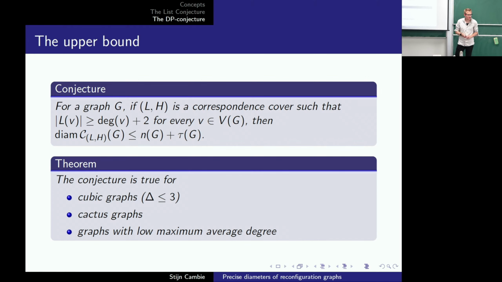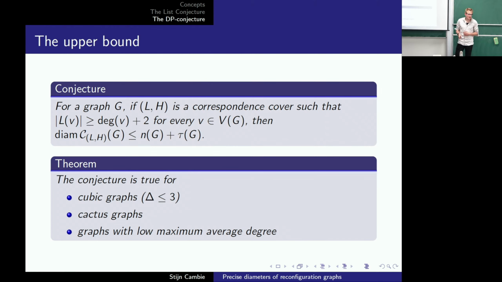So I want to add some algorithmic aspect. I'm not sure, but what I remember is that for general graphs, deciding whether there is a reconfiguration or not is a PSPACE-complete problem.